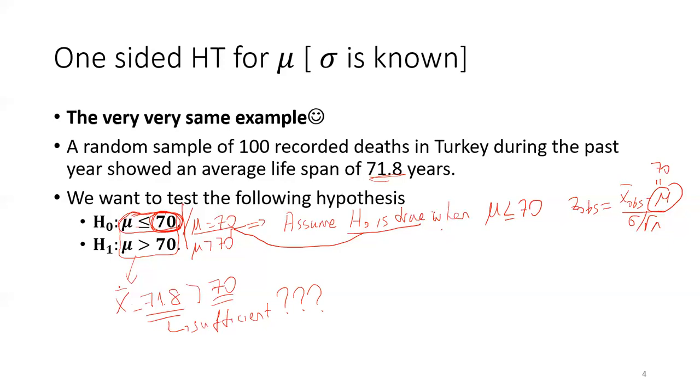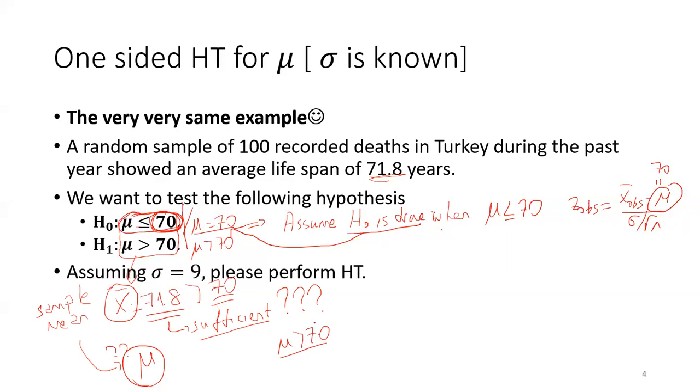It is because x bar is the sample mean, the mean of the sample. By looking at the sample mean, I want to say something about the real mean. So 71.8 is greater than 70, but is this evidence sufficient to say that mu is in fact greater than 70 or not? This is our main task here.